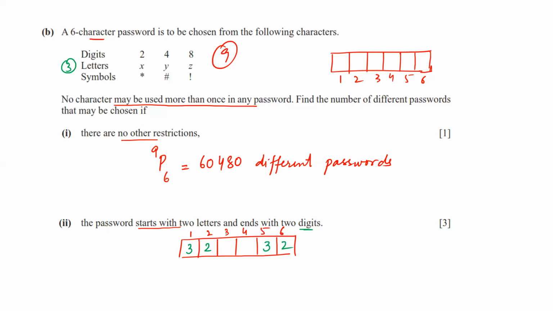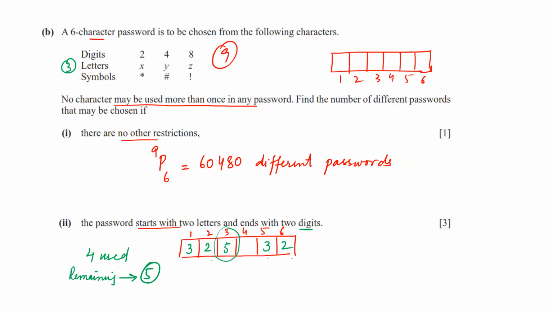And again, 3 and 4. So if we have chosen 1, 2, 3, 4 letters now, out of 9 we have used 4 letters. How many are we left with? Remaining are 5. So out of these 9 total, 5 are remaining. How many possibilities are there for this letter, for example?